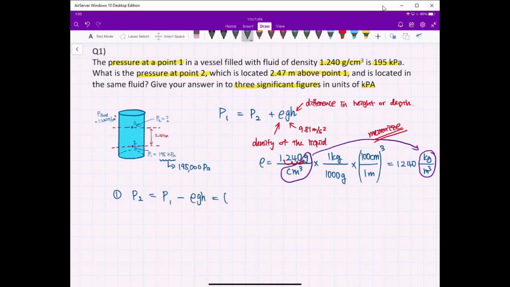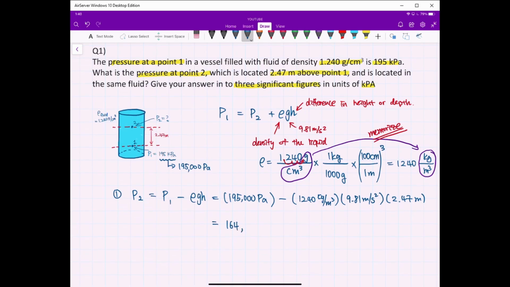The P1 value is 195,000 Pascal minus the density that we converted, which is 1,240 kilogram per meter cube, and gravitational acceleration, that is 9.81 meter per second square, and the difference in height or depth is 2.47 meter, which you can calculate as 164,953.93 Pascal, which rounded is 165 kilopascal.